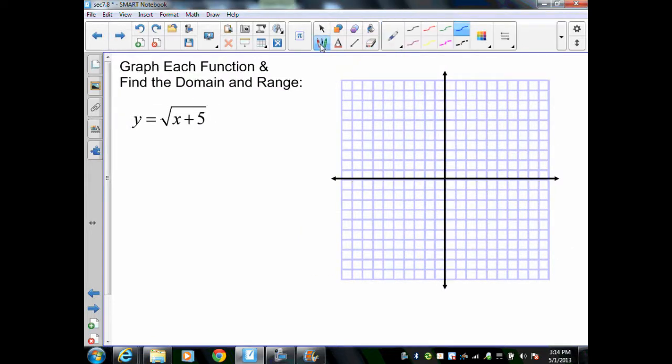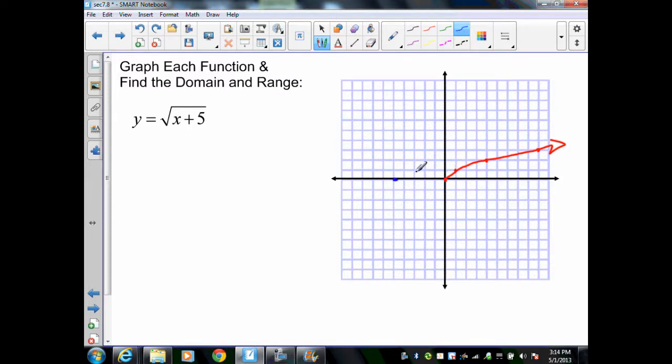On this function, I want to graph y equals the square root of x plus 5. I'm going to start by graphing the parent function y equals the square root of x. I know that that is 0, 0, 1, 1, 4, 2, and 9, 3. I can graph in those data points. And now all I need to do to graph this function is to have a horizontal shift of 5 units left. 1, 2, 3, 4, 5.